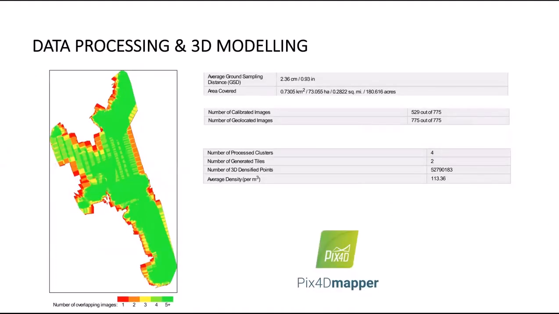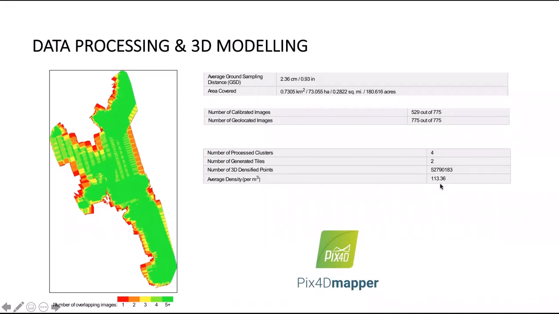There are different software. Okay, this is done using the Pix4D Mapper. So what you do, these images are calibrated. Okay, and then there's an average ground sampling distance, and there's the number of calibrated images. So these are all the information. And look at this. Just flying a drone, we have the average density per cubic meter of 113.36.